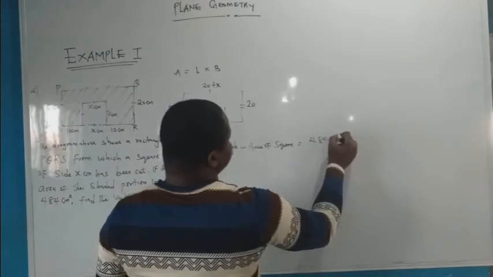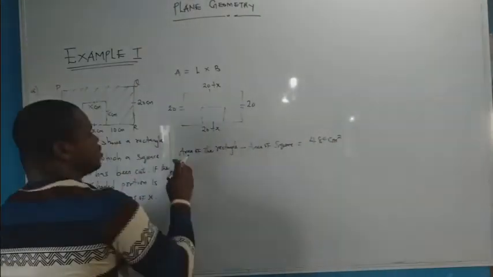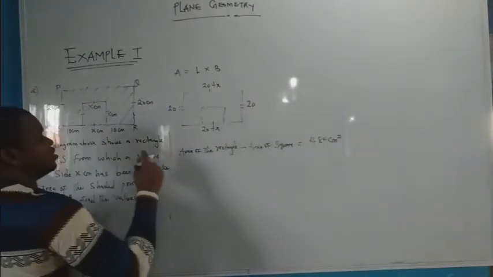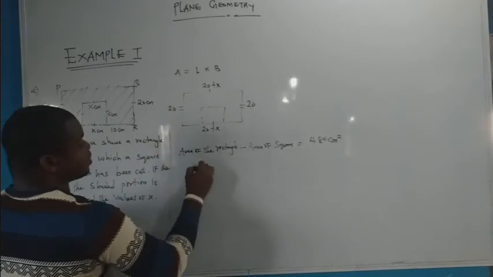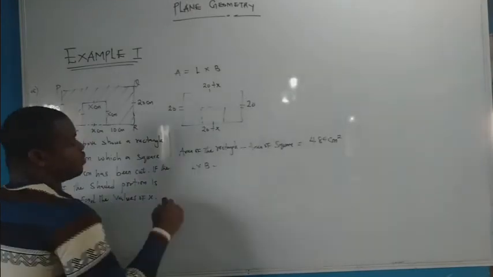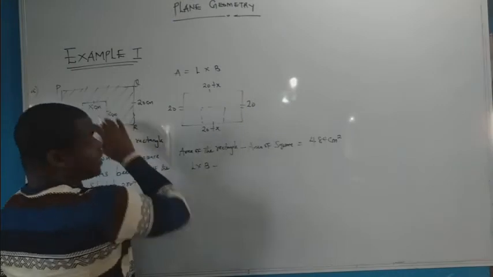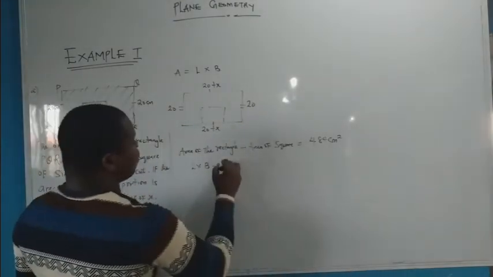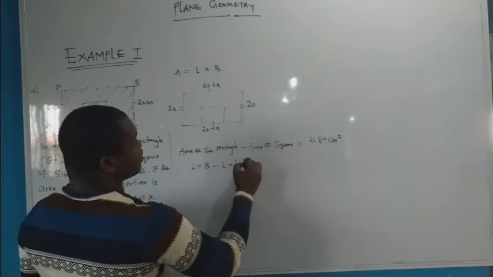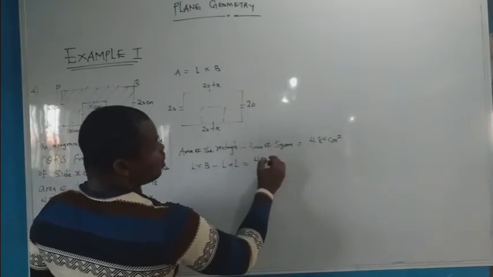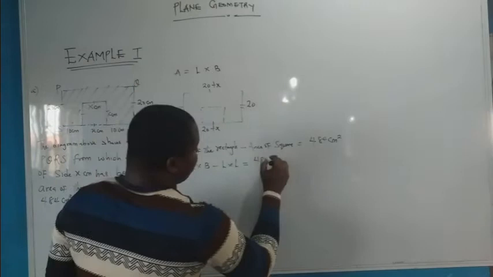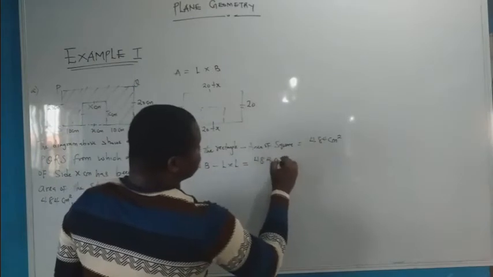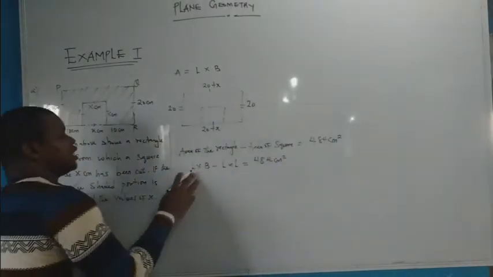484 centimeters squared. Alright, so what's the area of the rectangle? The area of the rectangle will be length times breadth, minus the area of the square, which is x times x, since the sides of the square are equal, equals 484 centimeters squared. So what is the length?